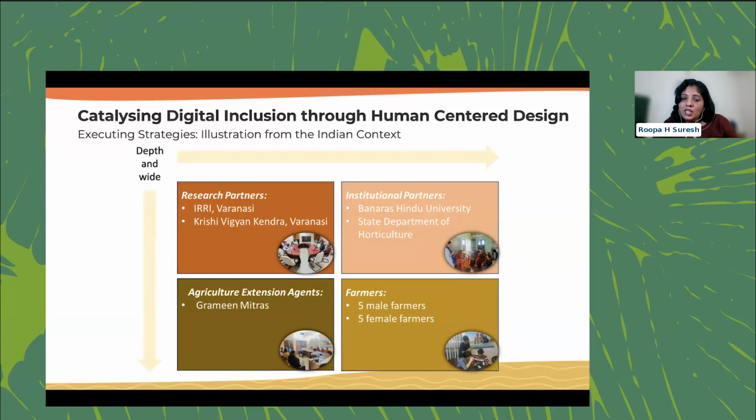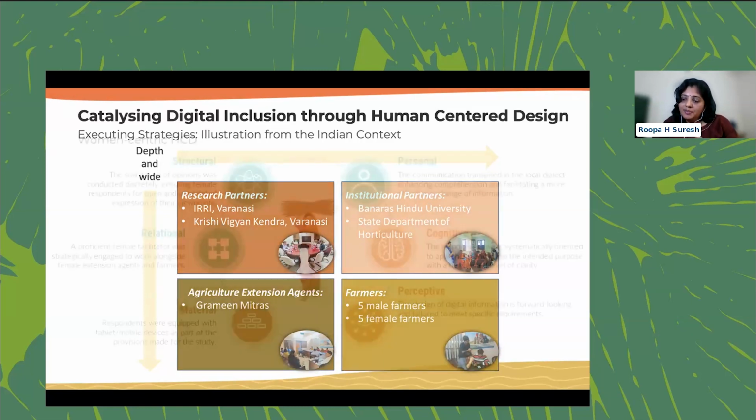Just to study those aspects as well, there was a one-to-one interaction with the male farmers and one-to-one interaction with the female farmers. So we observed what they actually want out of digital advisory services when it comes to sustainable land and crop management systems.